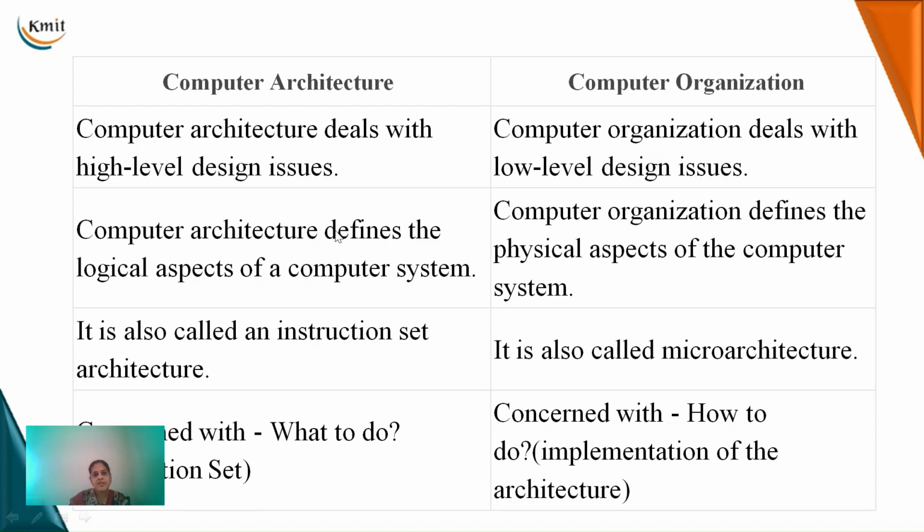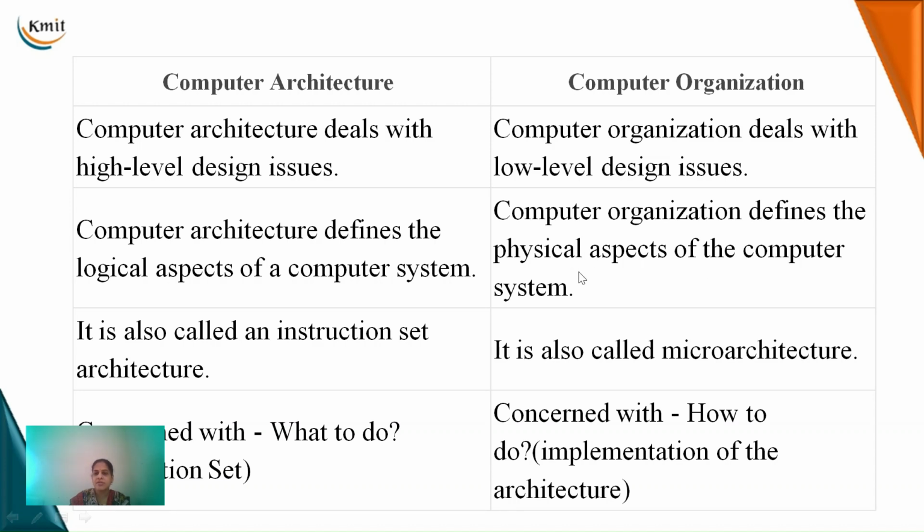Computer architecture defines the logical aspect of your computer system; functional behavior is something about a logical aspect. Whereas organization defines the physical aspects, all about your components and the connections.